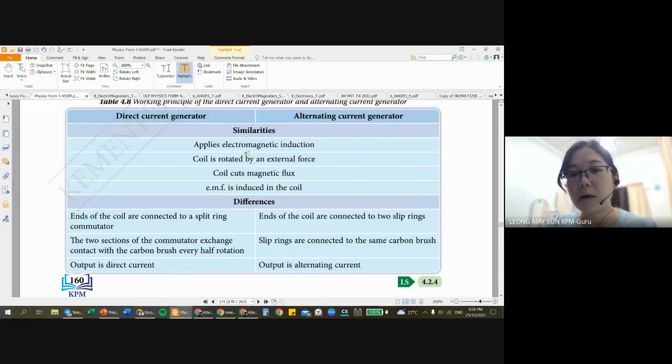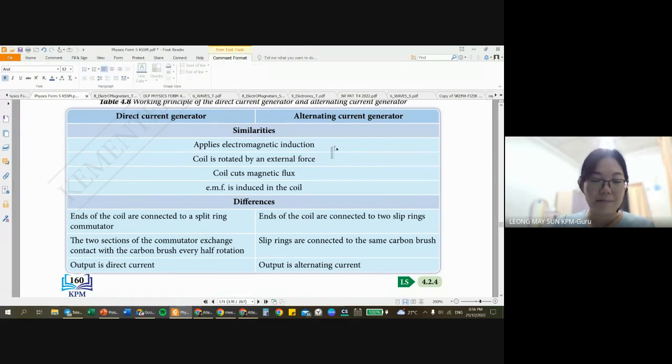Next, the coil is rotated by an external force. We will have to manually rotate it. Think about your bicycle light, the dynamo. A dynamo actually uses a generator.